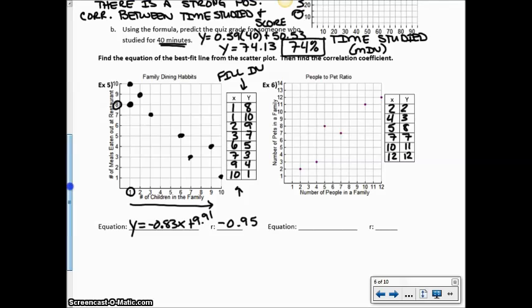Okay? And when you plug that in the calculator, because you should have already done this, you've got y equals 1.01x plus 0.41. And your correlation coefficient is 0.94. So there again, it's pretty strong positive.